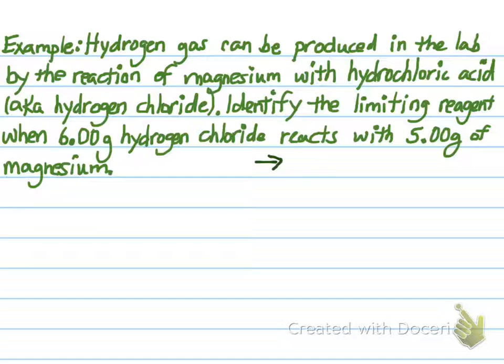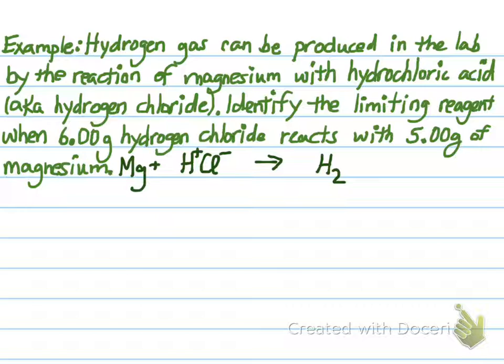I'm producing hydrogen gas by the reaction of magnesium with hydrochloric acid, which is hydrogen chloride. That's an ionic compound, so hydrogen +1, chloride -1, so nothing to do. Now, this is a single replacement reaction, right?